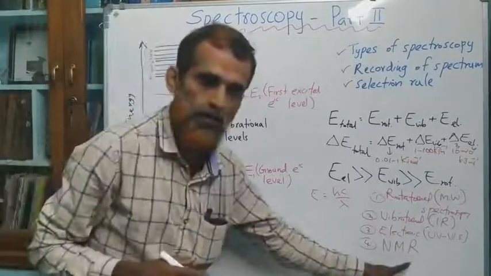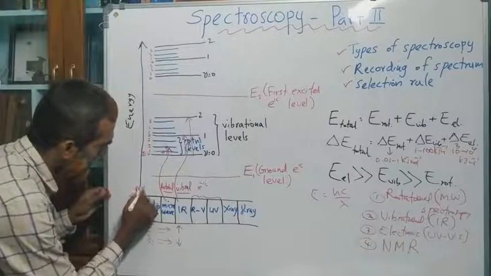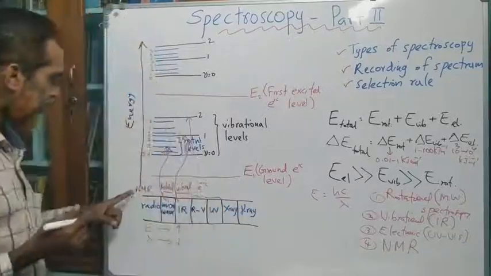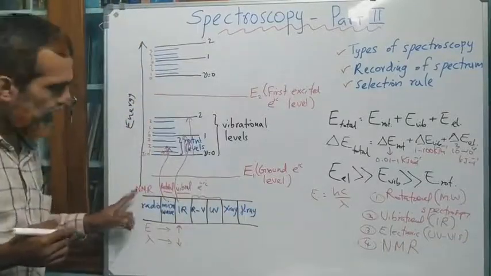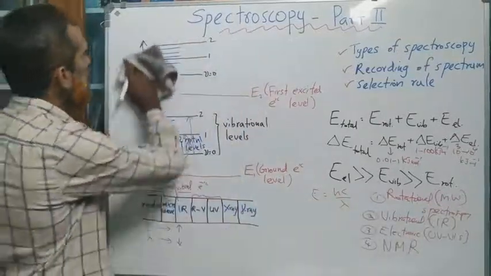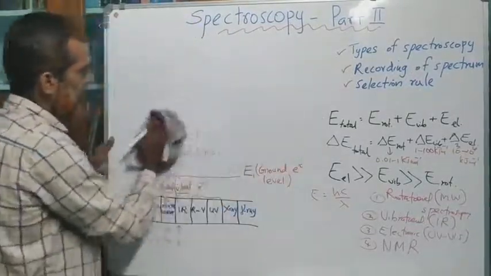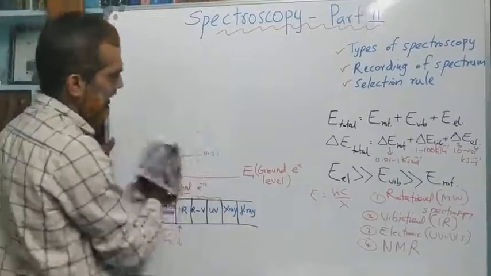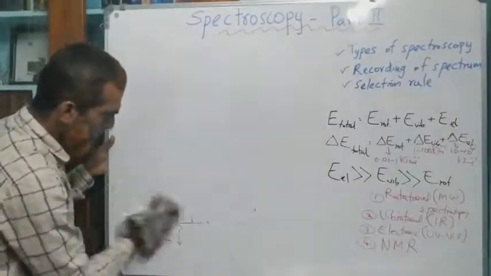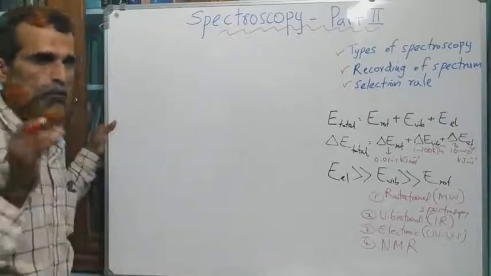And for NMR, the radiation used is radio waves, because the energy gap for this magnetic level corresponds to the energy of radio waves. All these we will deal with in detail in the coming classes. Okay, so this diagram is very important to give you a good impression about what spectroscopy is, what the types are, and why we use different types of radiation for different spectroscopic techniques.